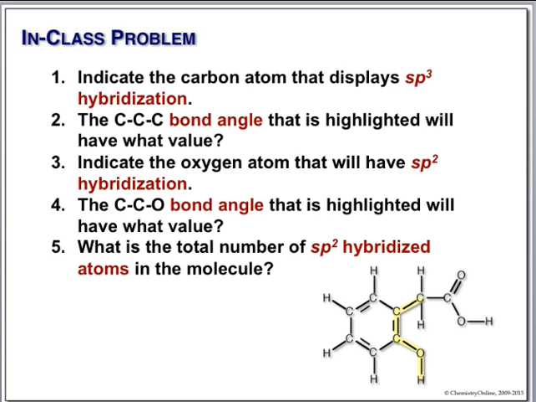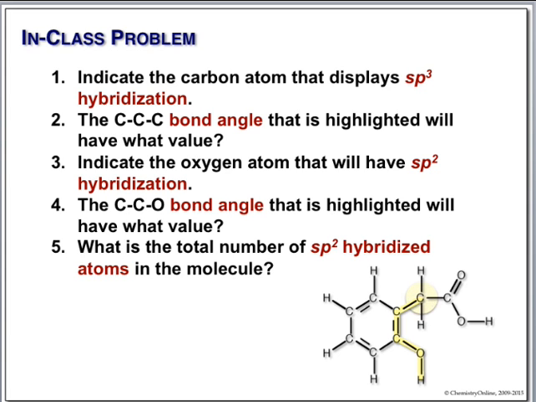Well, sp3, we know that's tetrahedral. We know that we will only have single bonds. So you're looking for a carbon here that only has single bonds. These are all double bonds. That's a double bond. This guy right here is the only carbon that is sp3.